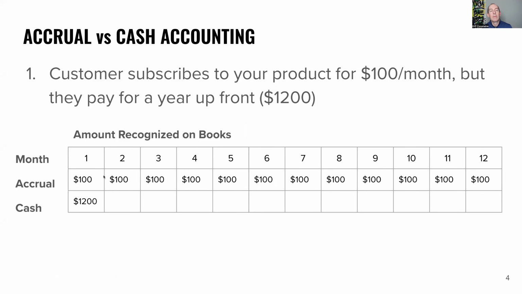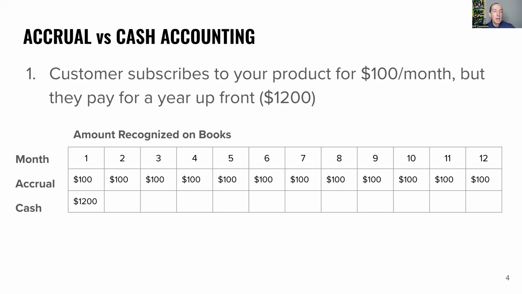What accrual accounting does is it tries to match up the time when income or an expense goes on your books with when the activity is done. The product is consumed, the expense is handled, etc. While cash accounting basically says, let's record things when the cash moves.